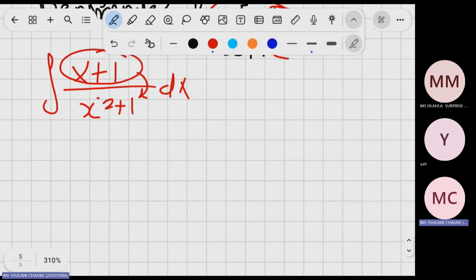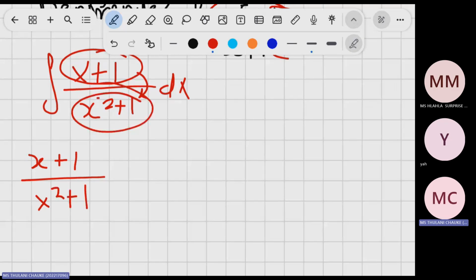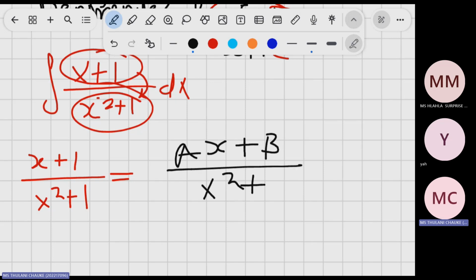You know that here you're going to just apply your partial fraction rule. Since this one cannot be factorized, we call it irreducible. So we're going to have a what? It was going to be ax plus b over x squared plus 1.